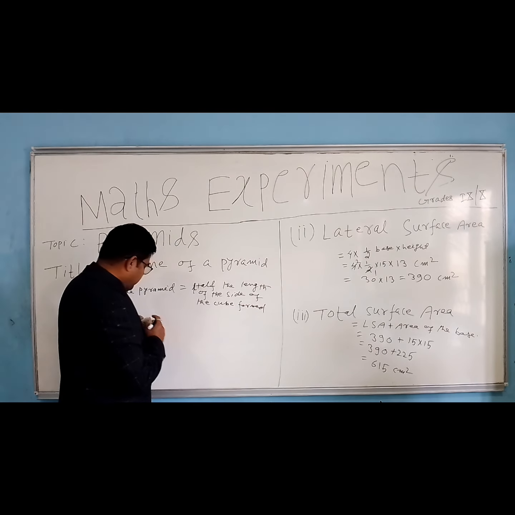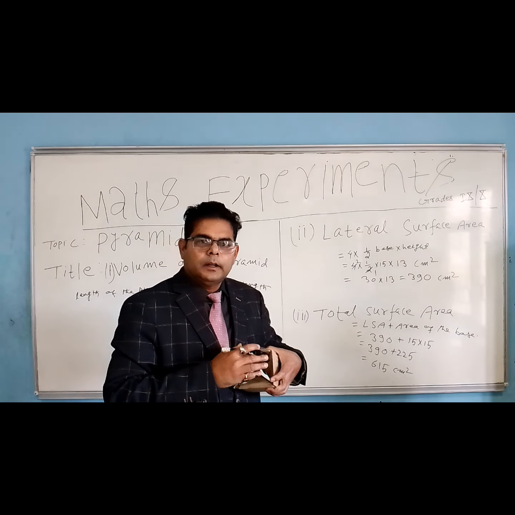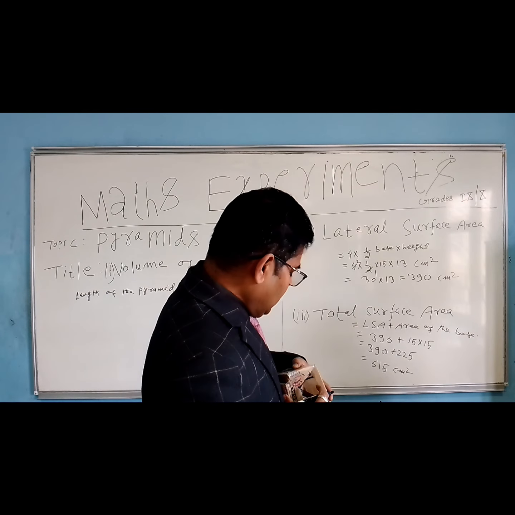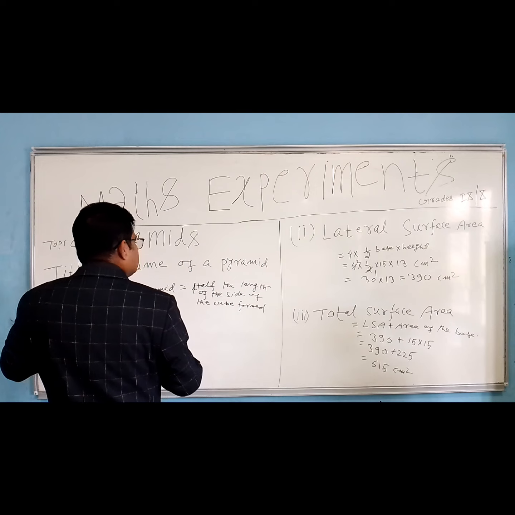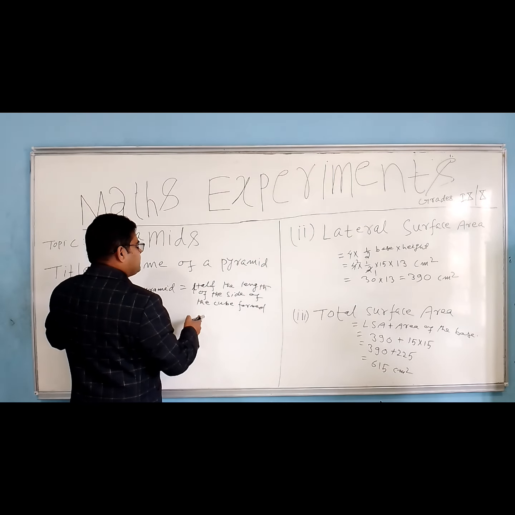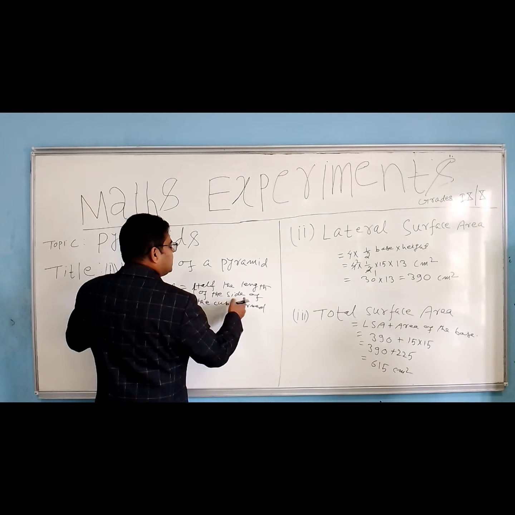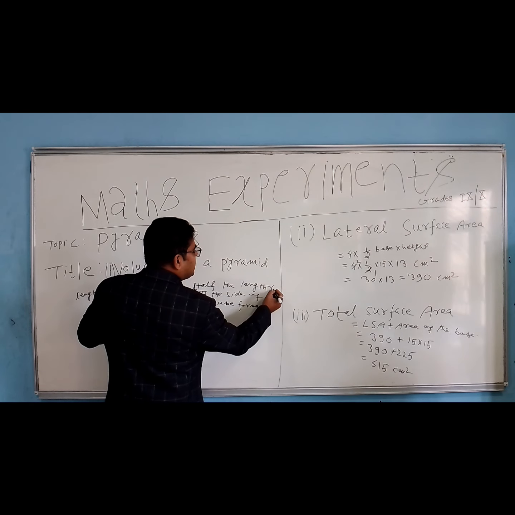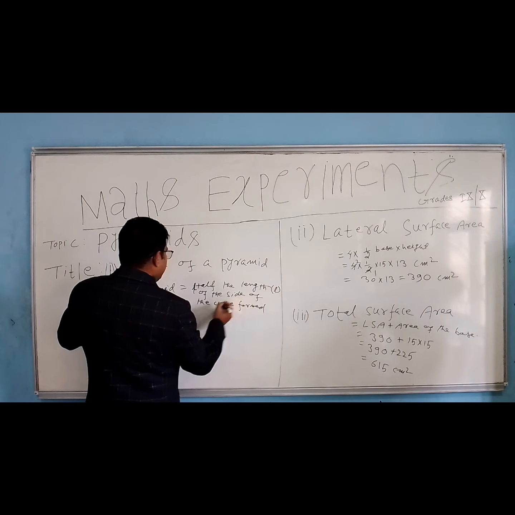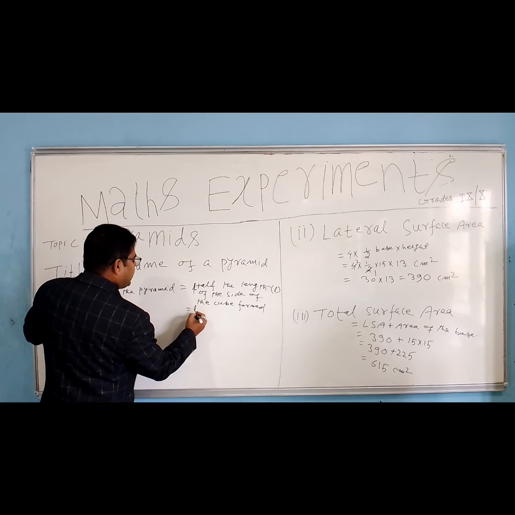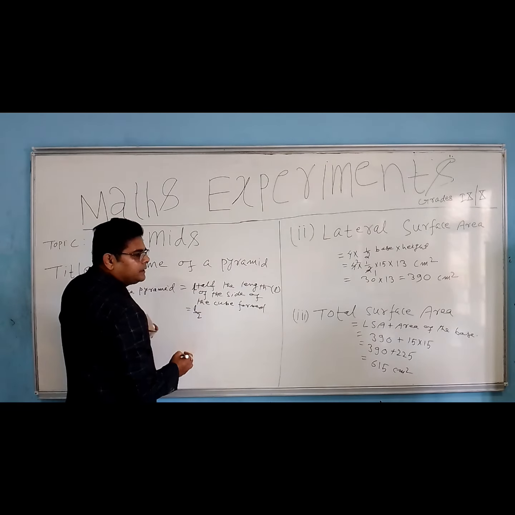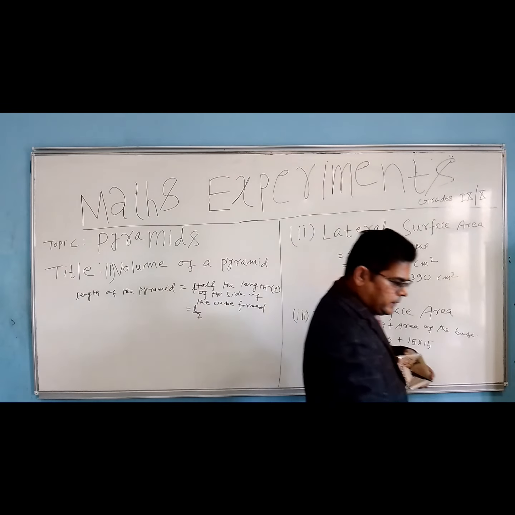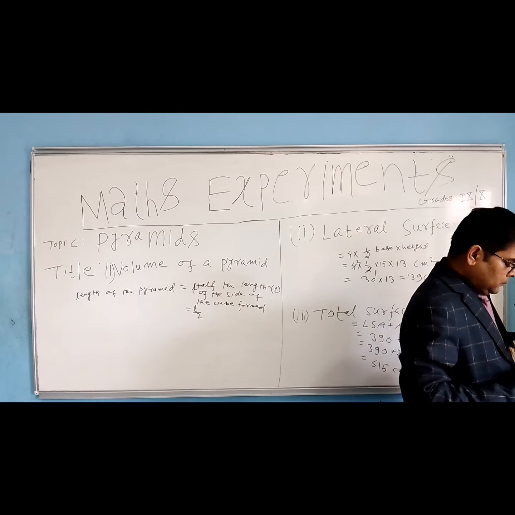Or if you are taking only one face, you can call this face a square. That means, if you suppose the length of the side of the cube formed by combining all 6 pyramids is L, then the height of the pyramid is going to be half of L, that is L by 2.